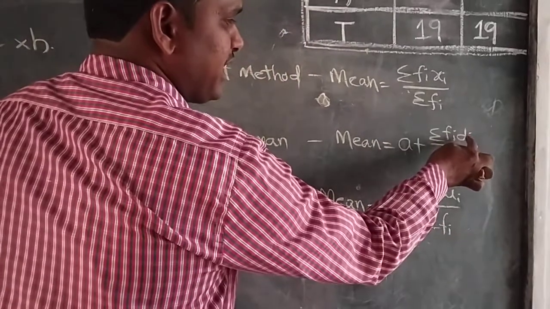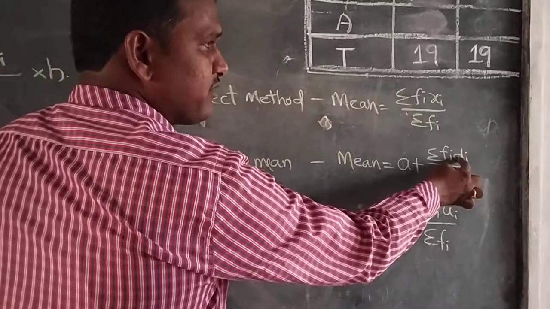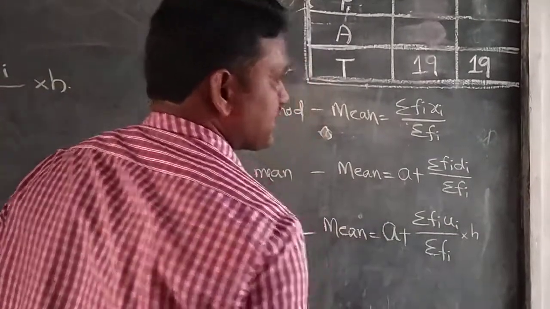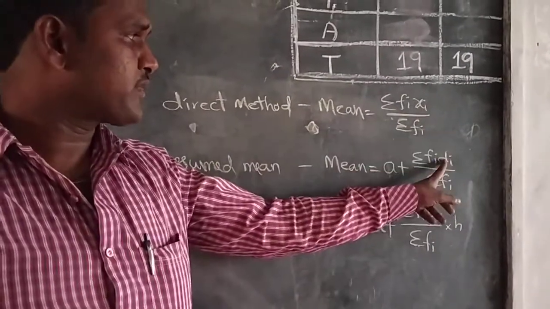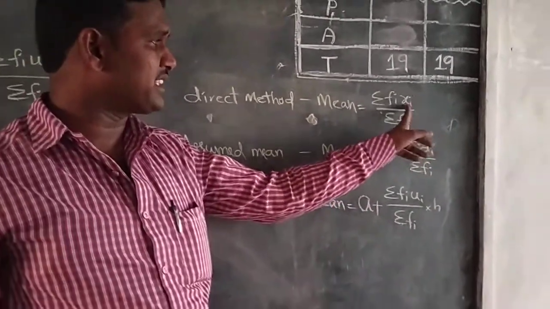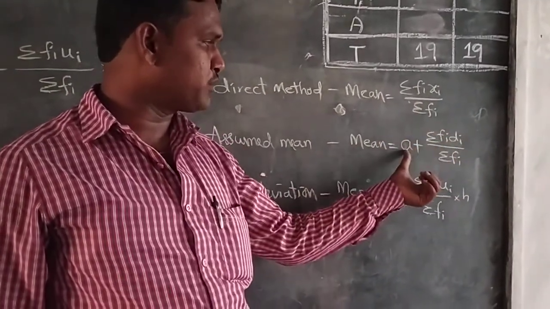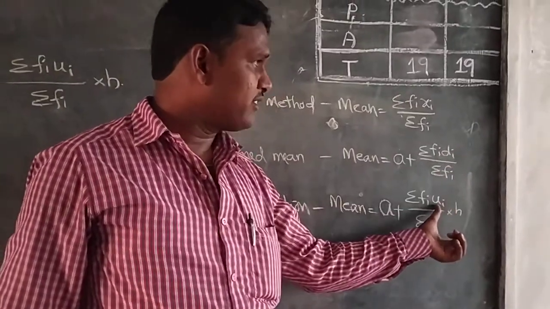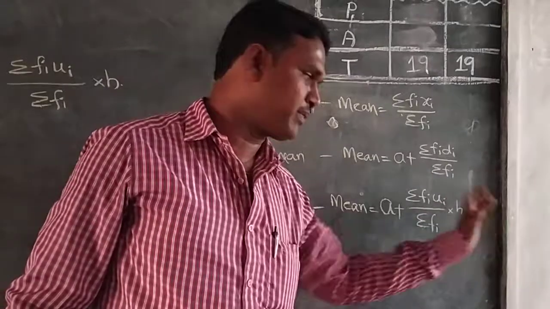The difference between di and ui is, if you divide di by one value, you will get ui. That value is h. Here, for xi and di, if you subtract a value from xi, we get di. The value subtracted is the assumed mean. Here di changed to ui because di is divided by h. That's why we multiply by h again.